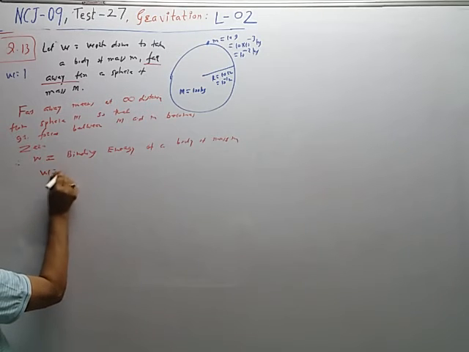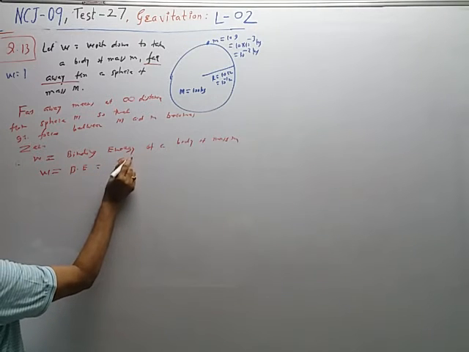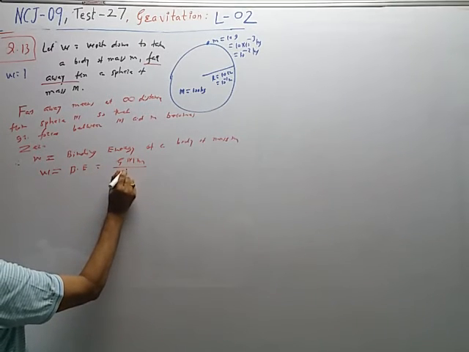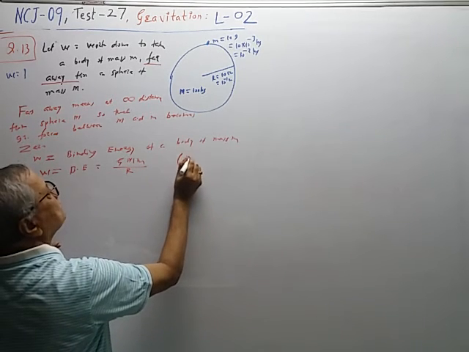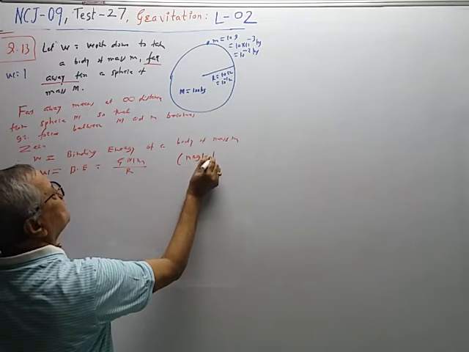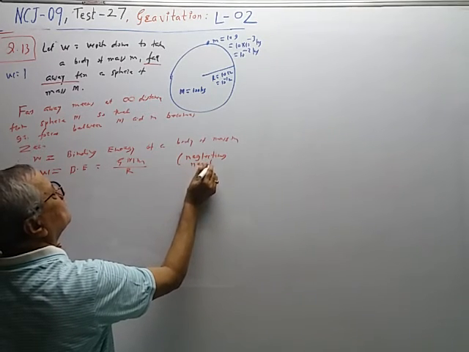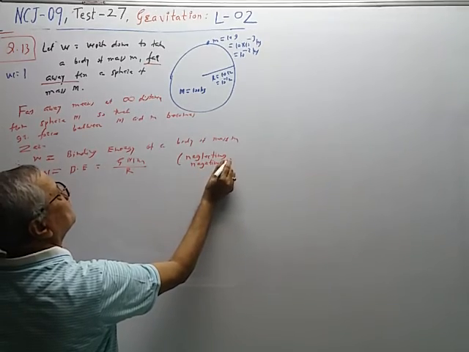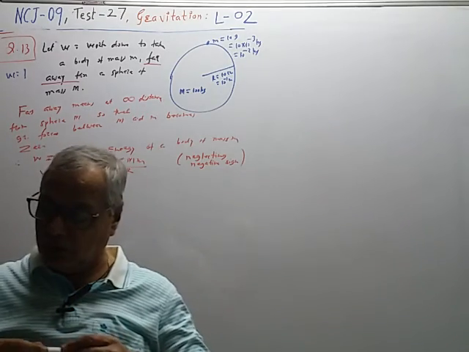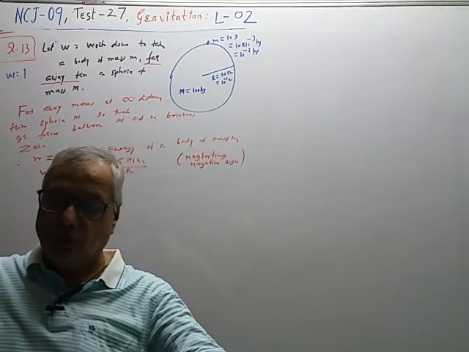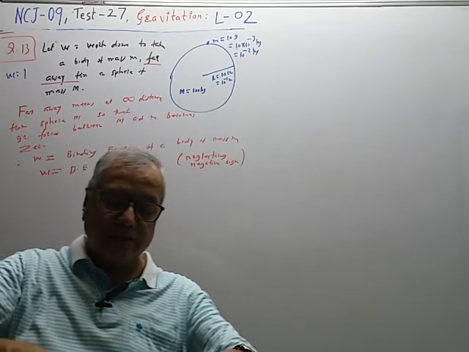Then W is equal to binding energy is equal to GMm upon R, neglecting the minus sign. All the answers are given for the loop, therefore we are neglecting this minus sign.